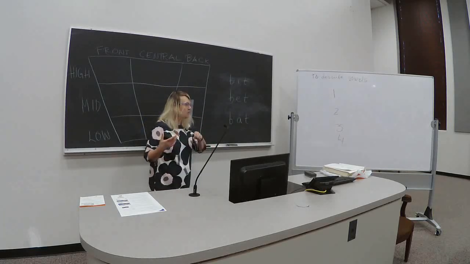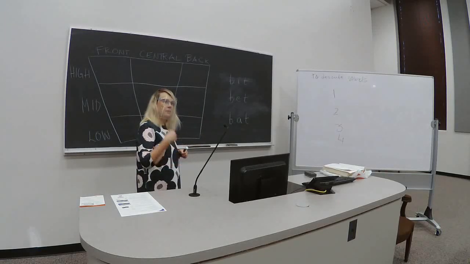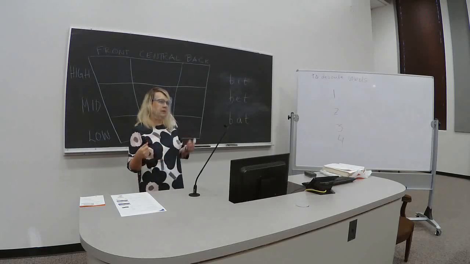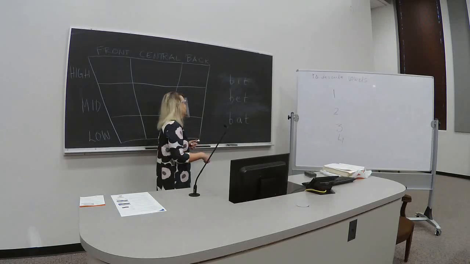But vowels are vaguer in a way, but we can still describe them, and after this class you will be able to know what the difference between E and A and O is.